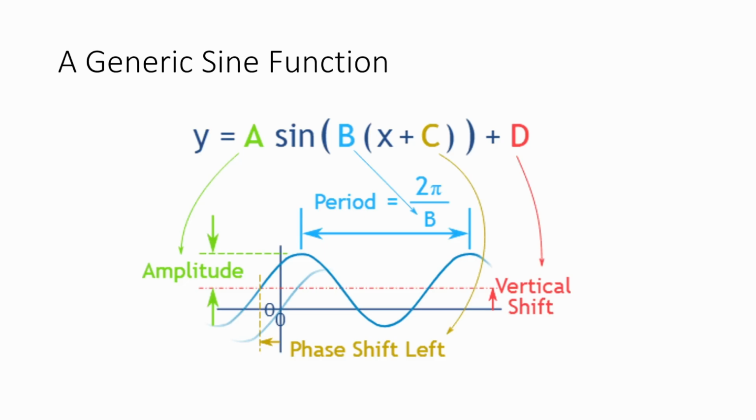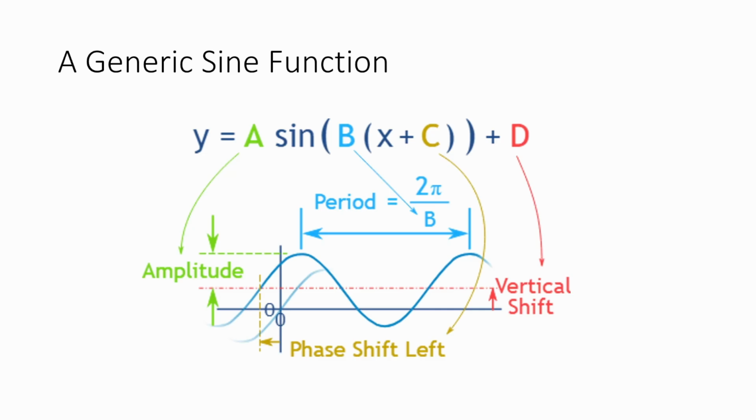All right. Looking at sine functions, when you look at the most general sine construction, you are going to have four key parameters that come into play in that sine function. The first one, A, is the amplitude, and that is the difference between the average value and the maximum or minimum value of that sine wave.